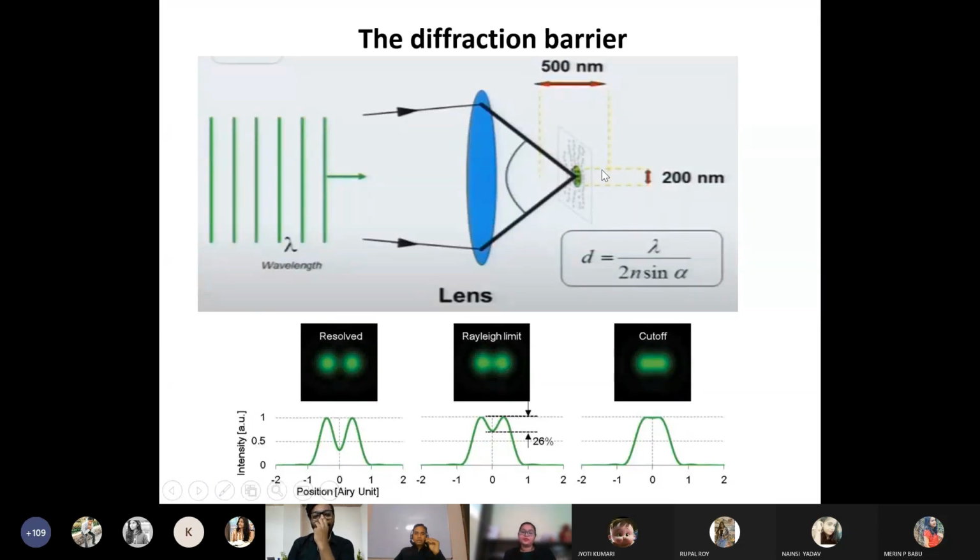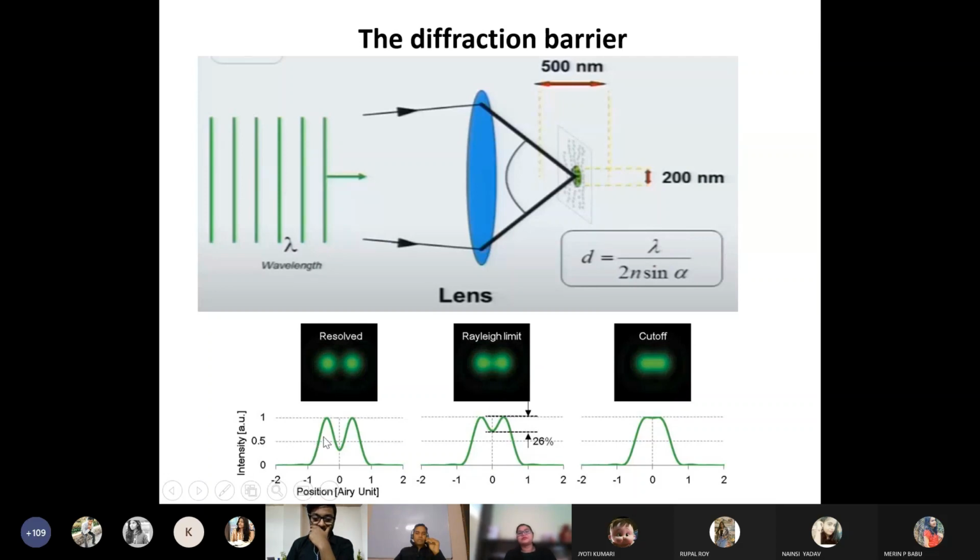That means you cannot distinguish two different objects beyond 200 nanometer. You can see that there are 2 points which are distinct, but you can only see these two as two different when they are 200 nanometers apart. If they are not, you can see them as one.